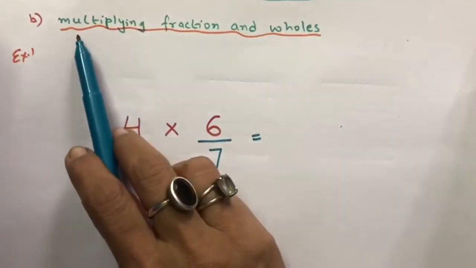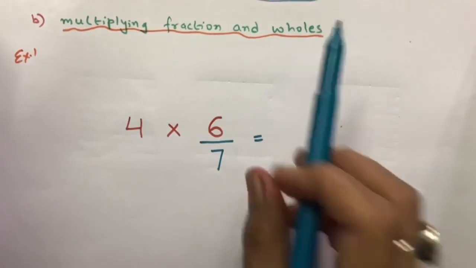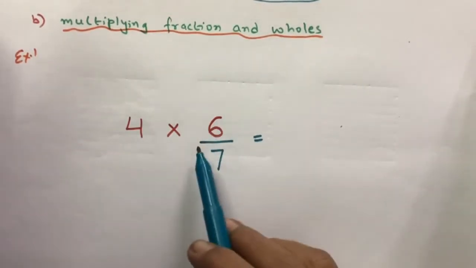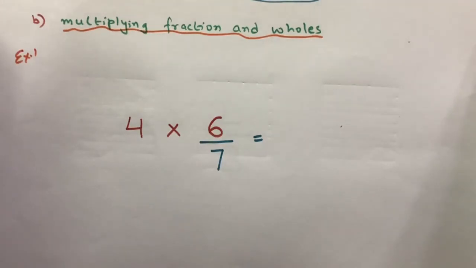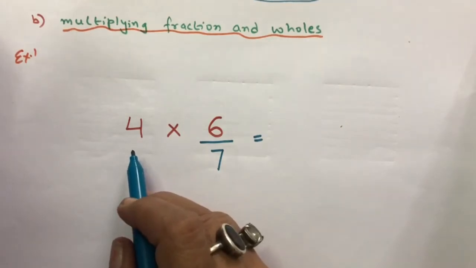Here we are multiplying fraction and whole. So when there is a whole number and a fraction to be multiplied, what we do is, first we change the whole to a fraction, and you must be knowing how to do that.